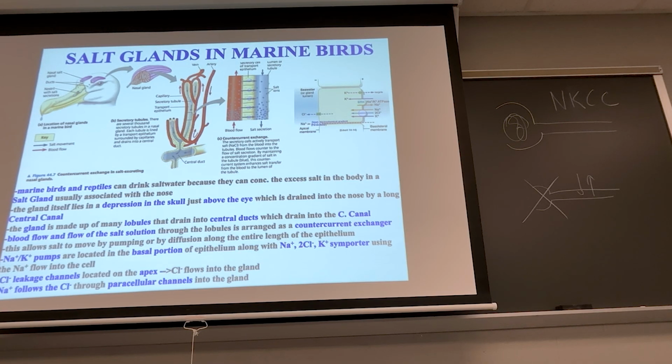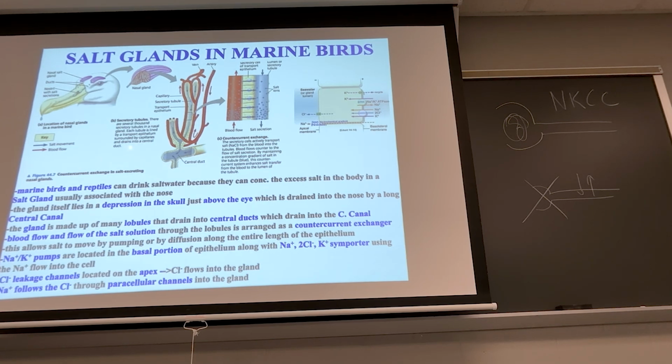But in a salt gland, I can reorganize the gland so that the fluid that's produced by the glandular ducts is running the opposite direction of blood. And so you've got two fluids moving in opposite directions close to each other, and we called that countercurrent exchange, didn't we? Which makes it more effective to move the salt from the blood into the duct because you can take advantage of concentration gradients. But the mechanism's the same.